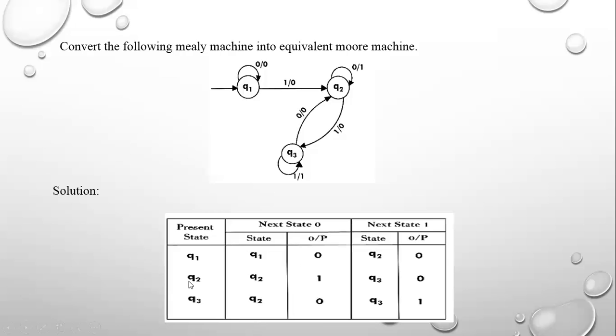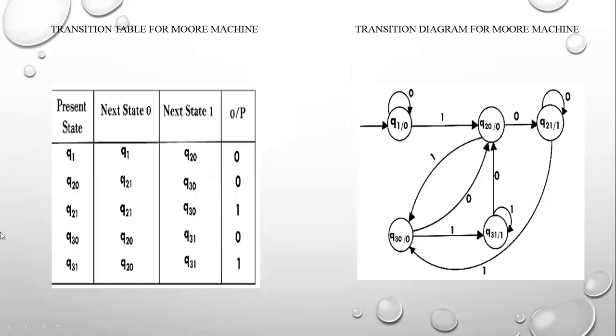But Q2 is associated with 2 states, Q20 and Q21. Q20 on input 0 reaches Q21. If we give input 1, it reaches Q30. Q20 has output 0, and Q21 has output 1.